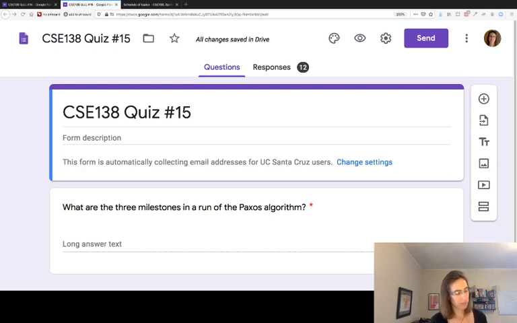Well, if A1 and A2 both accept a particular value, and then another proposer over here gets to the point where it's sending accept messages, keep in mind, it has to go through the sequence of prepare and promise first. So if it's then sending accept messages, well, if a value has already been accepted, then it's not going to be able to hear back from a majority if it's trying to get a different value accepted.